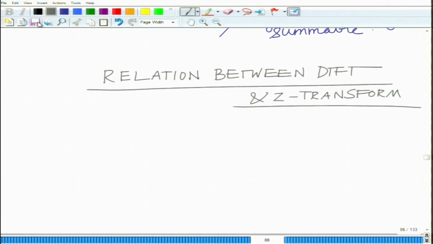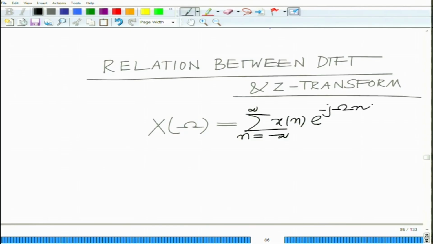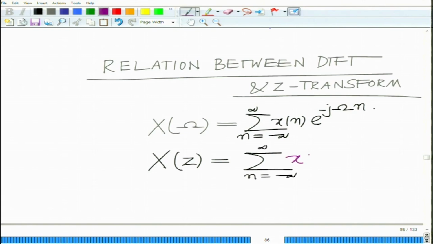Now, you can see that the DTFT is given as summation n equals minus infinity to infinity x of n e raised to minus j omega n, and the Z transform X of z equals summation n equals minus infinity to infinity x of n z raised to minus n.